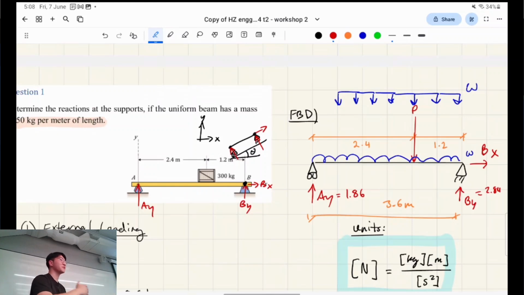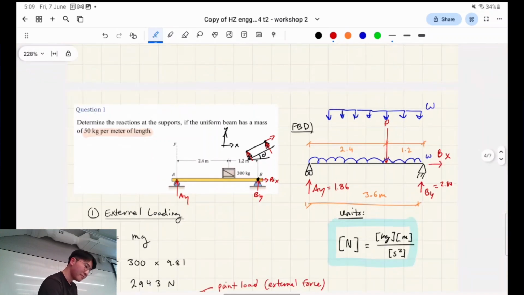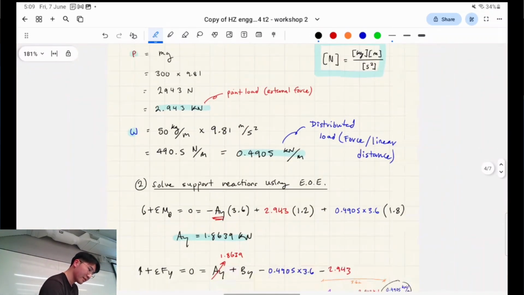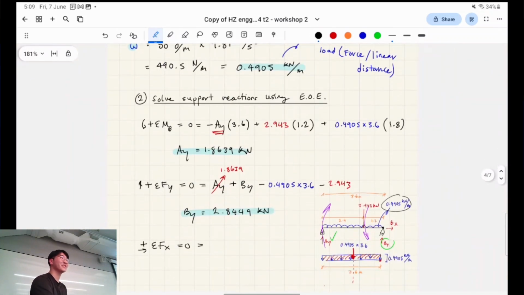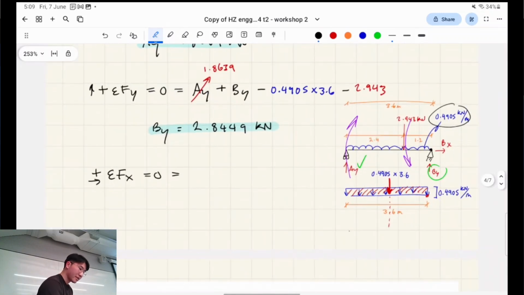What this means is there's going to be a bigger reaction taken by the support on the right. So the vertical component of By should be bigger than the Ay one. Hopefully that starts to make more sense as you do more questions. I'm going really slow, but I go slow for the first question, I'll speed up, okay?